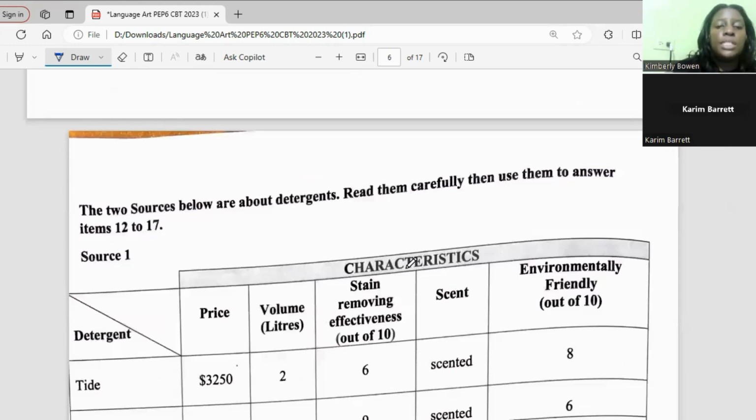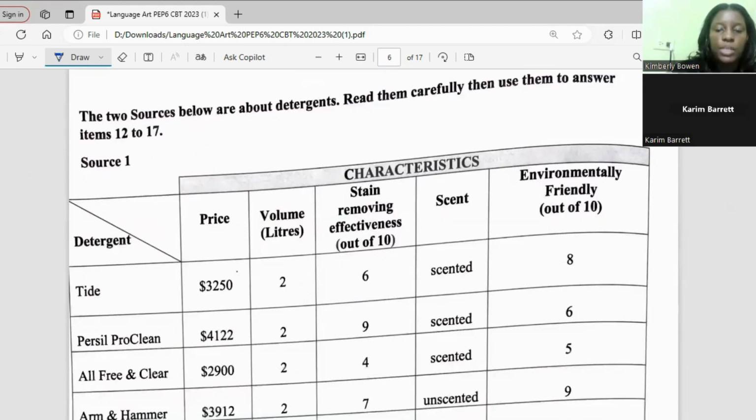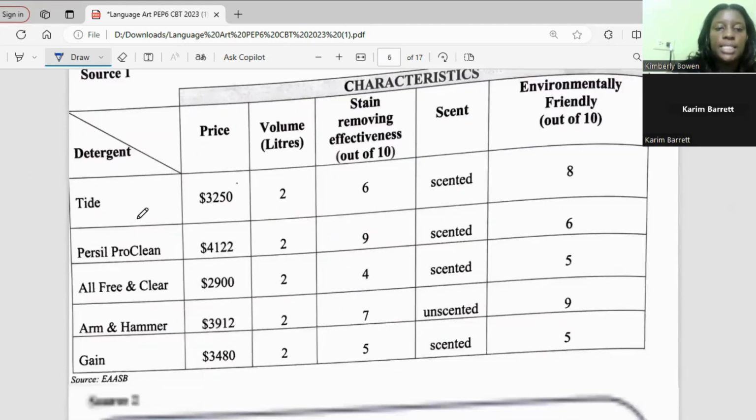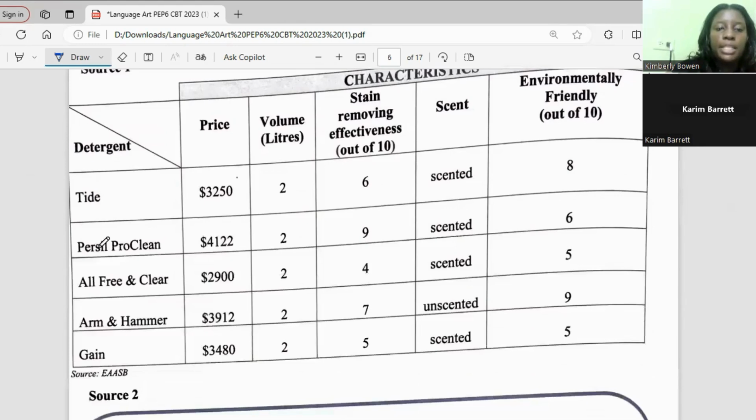The two sources below are about detergents. Read them carefully, then use them to answer items 12 to 17. Characteristics. So we see the type of detergent: Tide, Persil, Proclean, All Free and Clear, Arm & Hammer, or Gain.